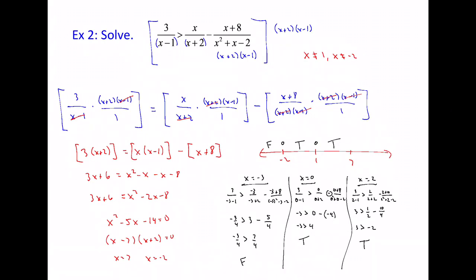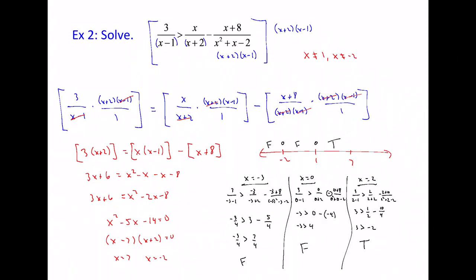And so is negative 3 greater than 4? And negative 3 is not greater than 4. So that one should have been false. So hopefully you caught that mistake, but I did catch it before I finished. So we have false in the first section, false in the second section, true between 1 and 7.